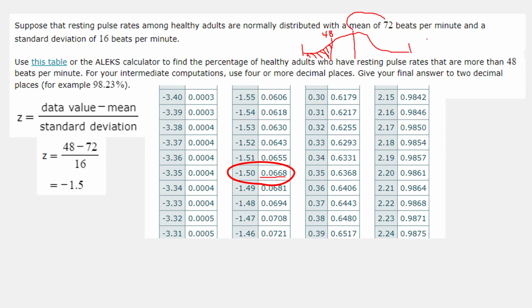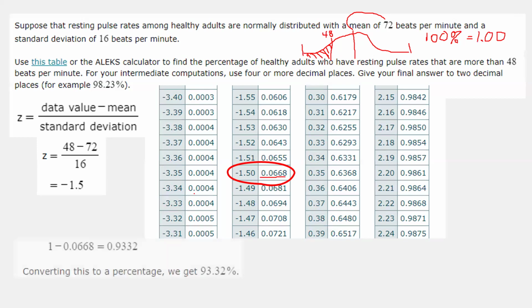Well, 100% as a decimal is just 1. 100% is equal to 1.00 as a decimal, or 1. Well, great. Knowing this, I could really just say 1 minus this would give me my answer.